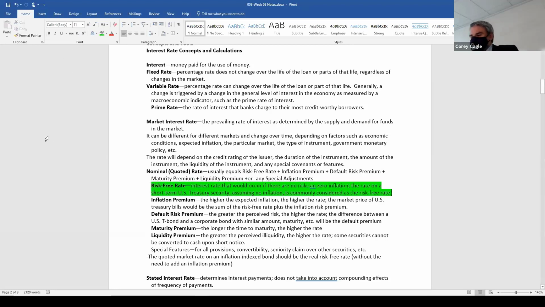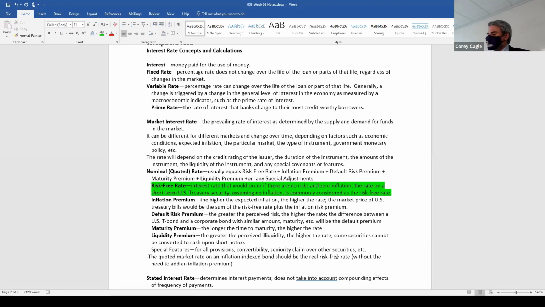So it's the interest rate that would occur if there are no risks and zero inflation. What is important to take note of is we usually determine the risk-free rate based on whatever rate is being quoted on a short-term United States Treasury security, assuming no inflation.